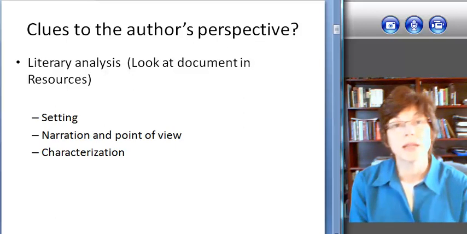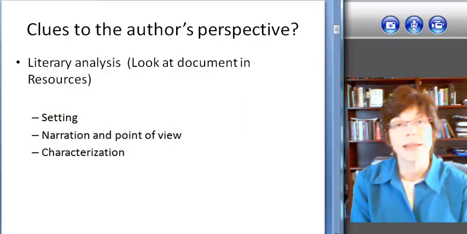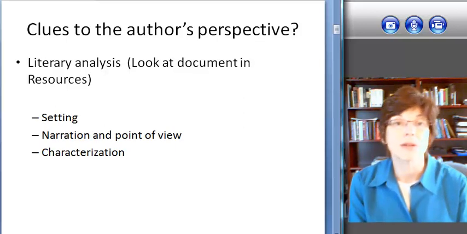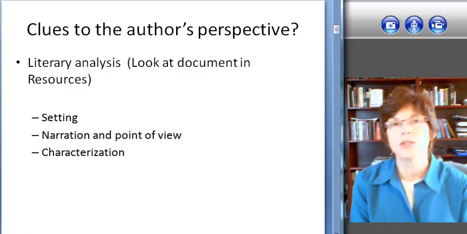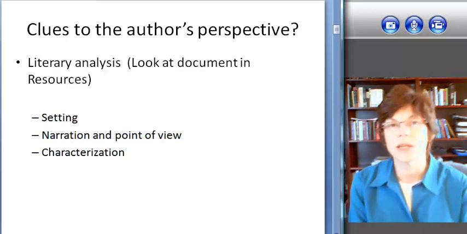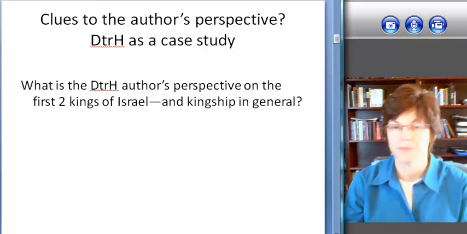You'll want to look at that document in the resource section entitled Literary Analysis again, and review the different parts of literary analysis that one might undertake, paying attention to the literary setting of a story, to the style of narration and point of view, and particularly this week, we'll focus on the question of characterization. Asking the question not only of what characters are in a text, but by what techniques the author seeks to create our impression of those characters.